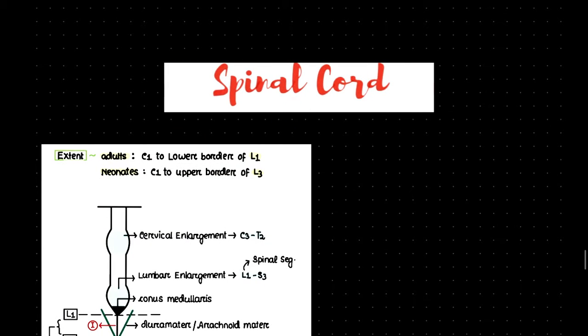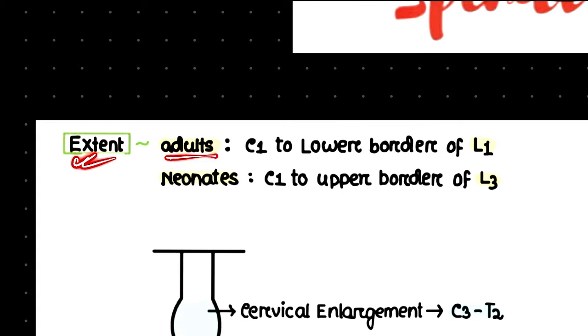Spinal cord, talking about its extension: in adults it is extended from C1 to the lower border of L1. But if we see in neonates, in a newborn, we will find it extended from C1 to the upper border of L3.